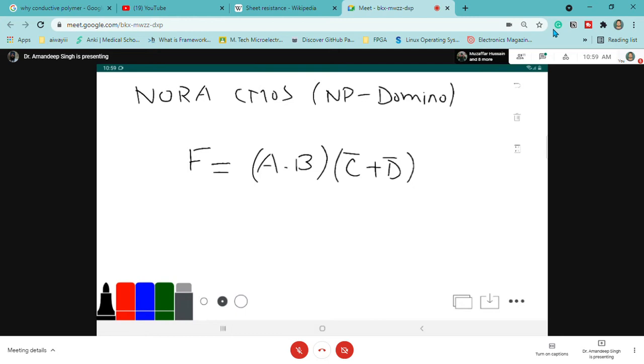So has anyone implemented this? Total transistors 10, 9, 10. How much, 9 or 10?